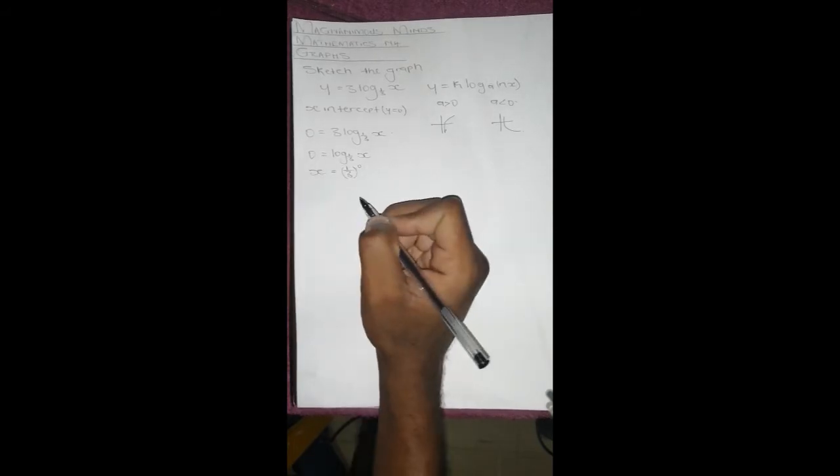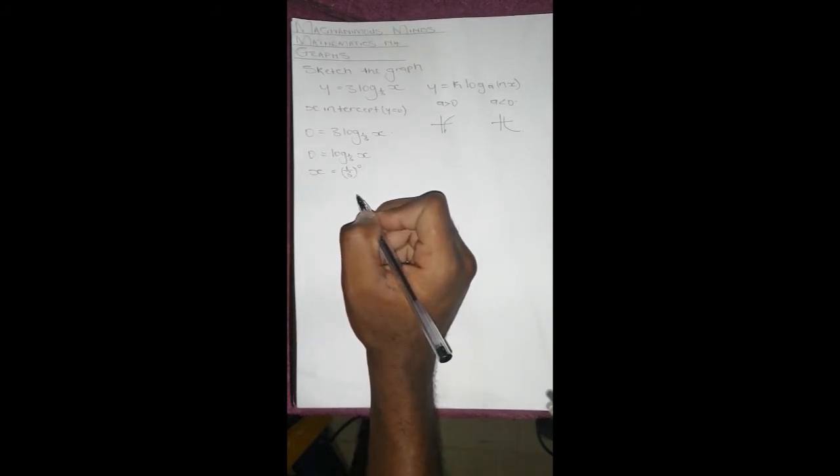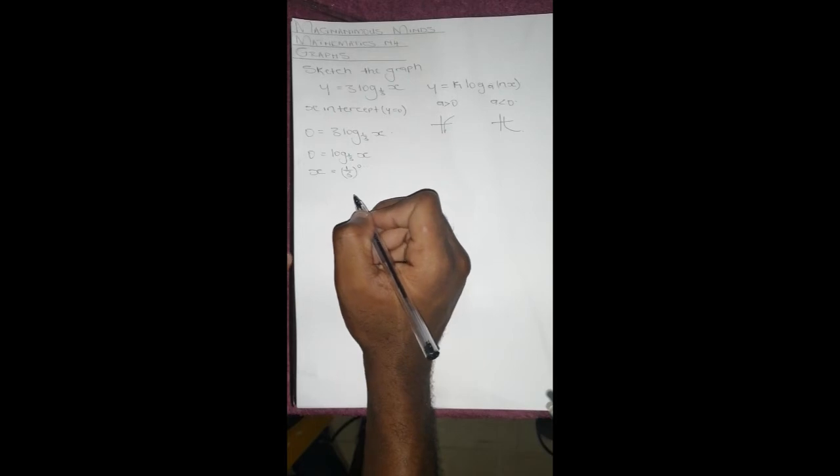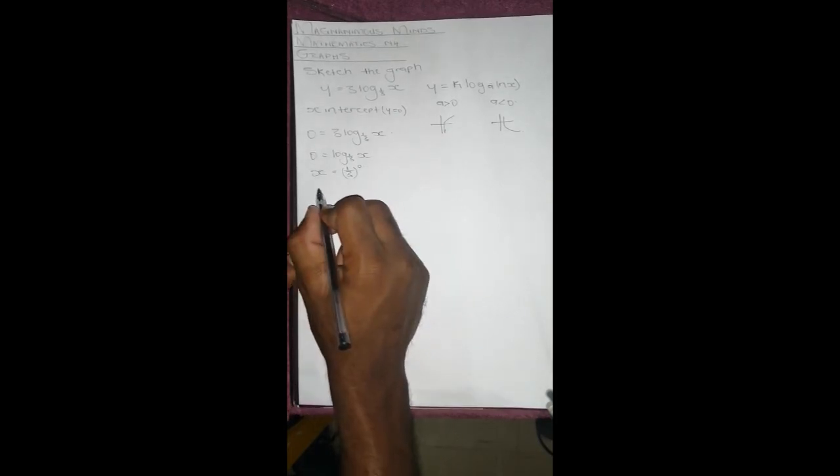Taking this to exponential form, we have x equals (1/3) to the power 0. And this is just x equals 1.